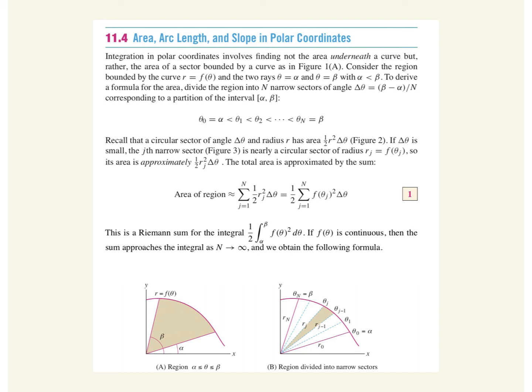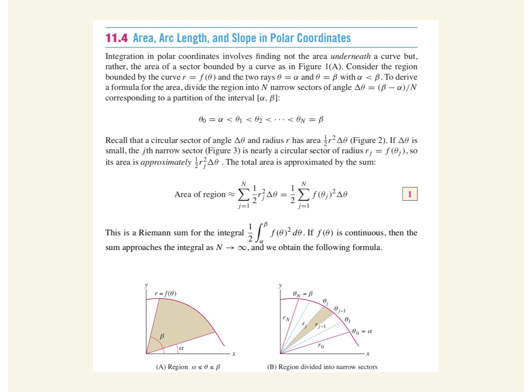Big picture, if we're talking about area, we're talking about a Riemann sum. Back when we started with area using integration and rectangles, as the number of rectangles increases without bound, we approach the integral. Very similar explanation here: regions are divided into sectors.